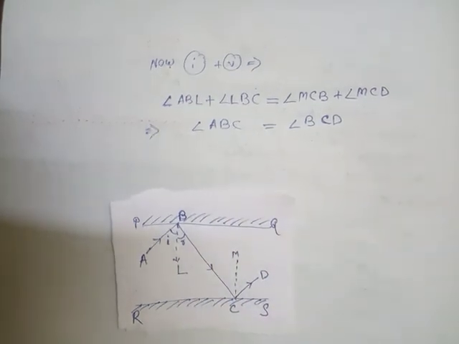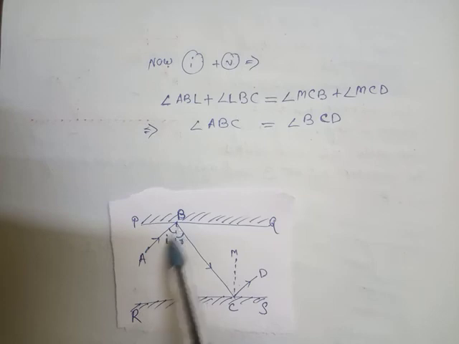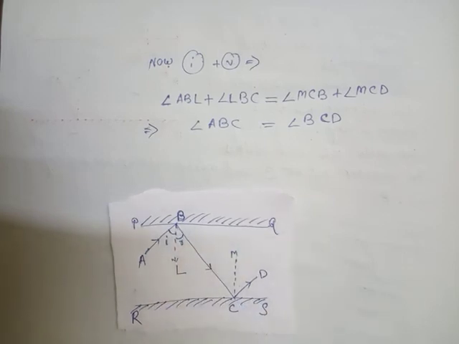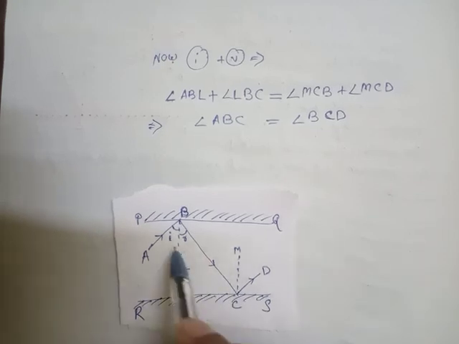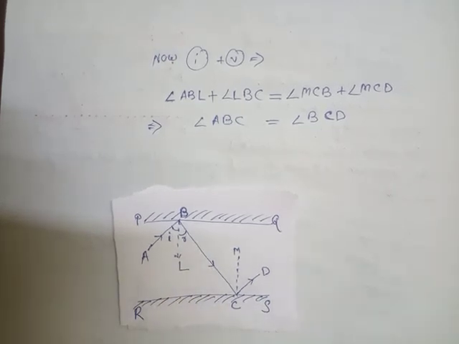Now if this angle and this angle are equal, what will we say regarding that? We'll say that these two are alternate interior angles.